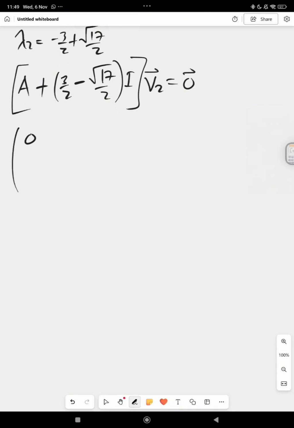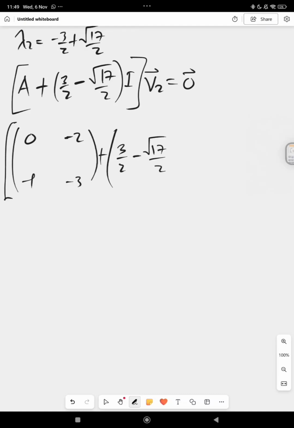A was given by 0, minus 2, minus 1, minus 3, plus 3 over 2 minus the square root of 17 over 2 multiplied by I, v2.